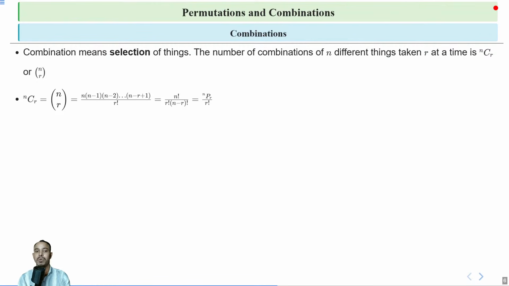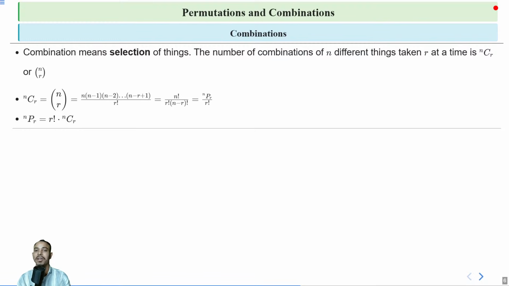So nCr equals nPr divided by factorial r. You can also write nPr equals factorial r times nCr. This is the relation between nPr and nCr.